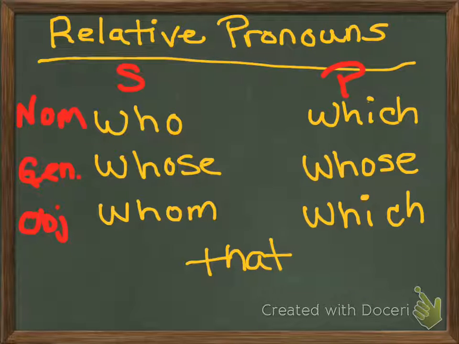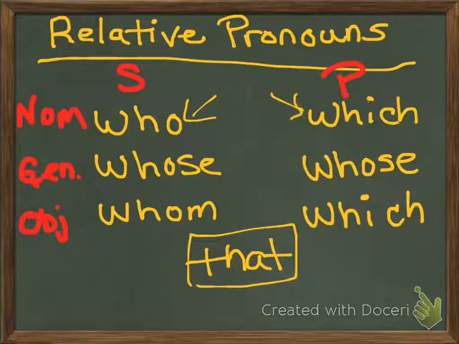That is a little tricky. It can be used and overused in English. So how do we determine if it's being used as a relative pronoun? It's a relative pronoun when who, which, or whom can be used in its place. Okay?